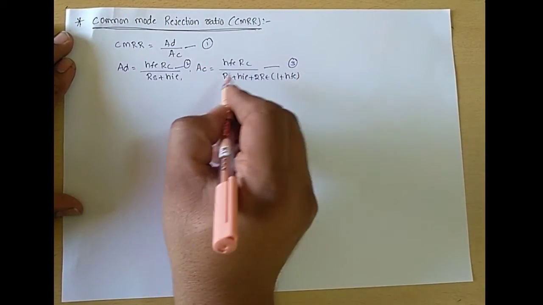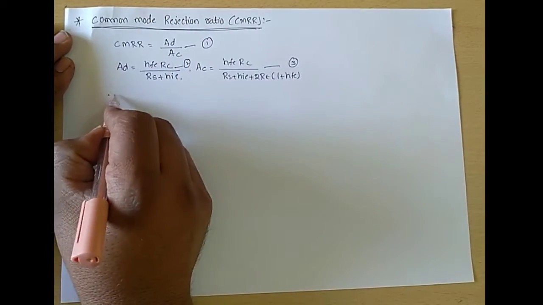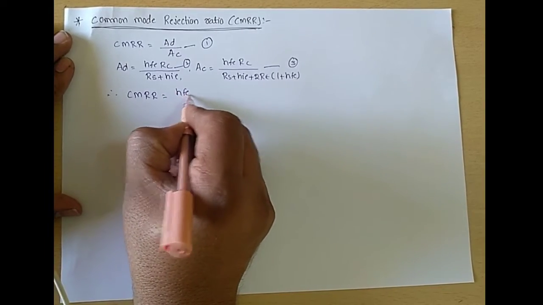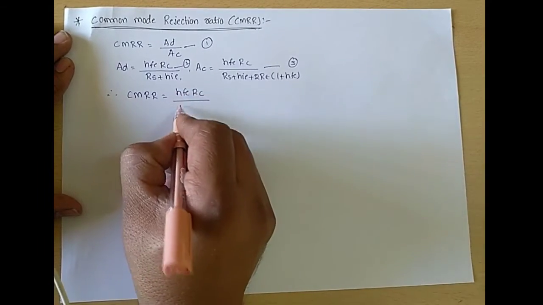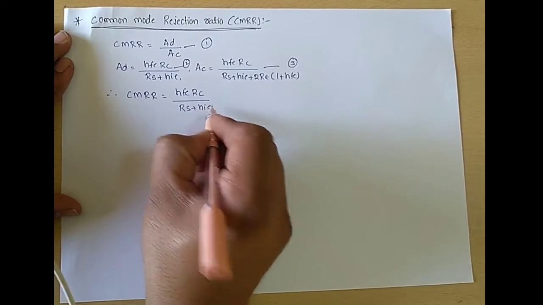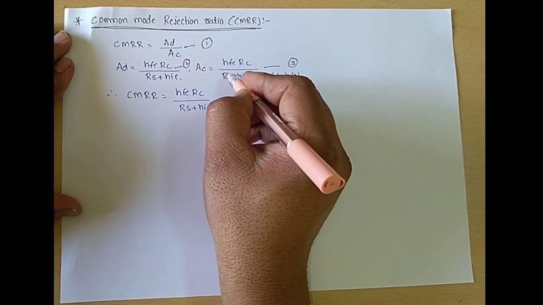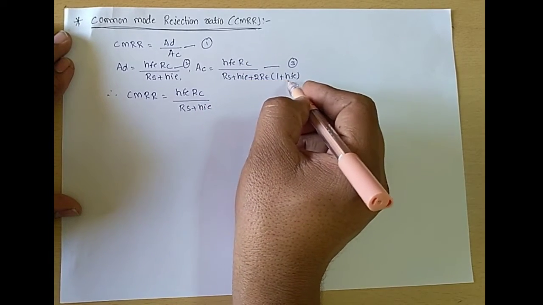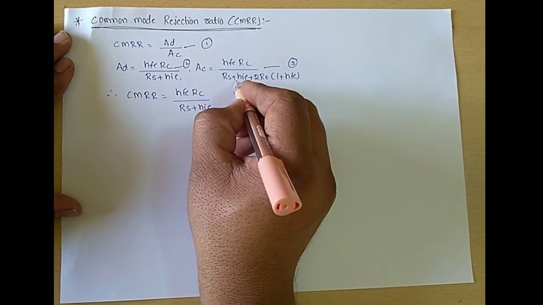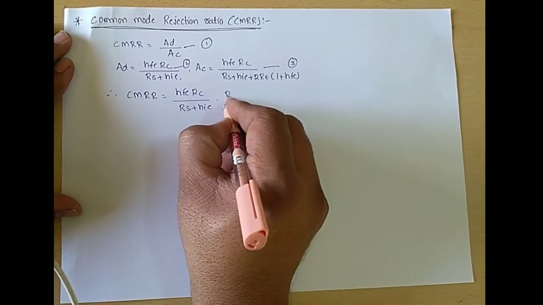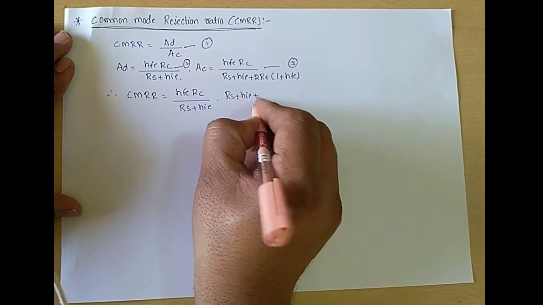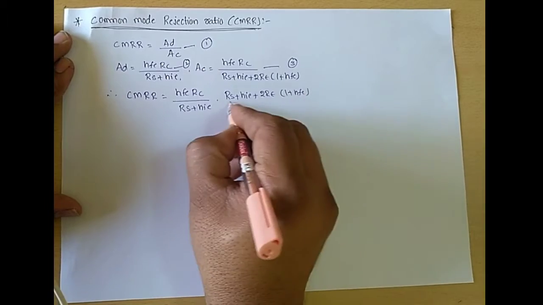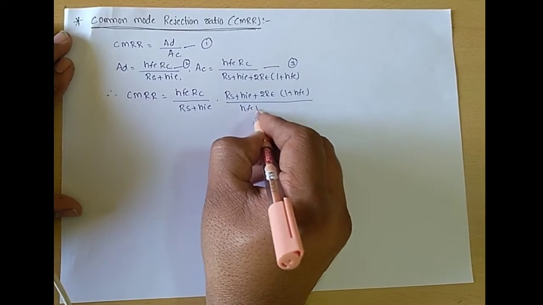Now we can substitute these two equations into the above equation, then we will get the common mode rejection ratio equal to HFE into RC whole by RS plus HIE, whole by the common mode gain HFE RC by RS plus HIE plus 2RE of 1 plus HFE. The denominator goes to the numerator, that is RS plus HIE plus 2RE of 1 plus HFE whole by HFE into RC.